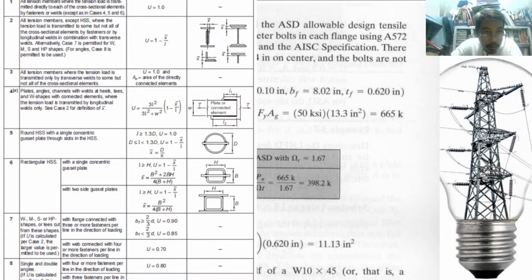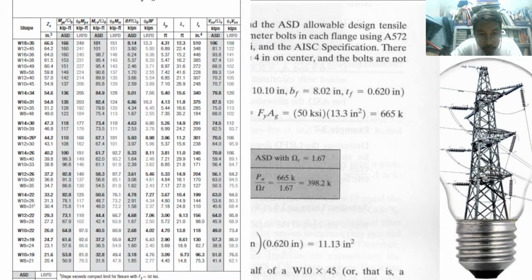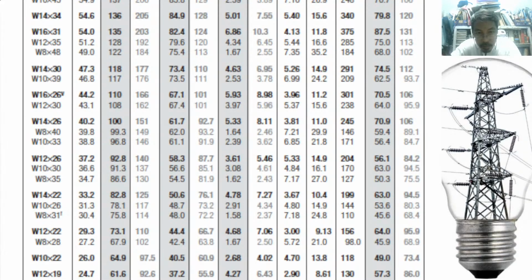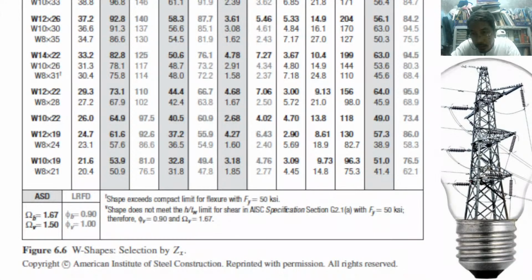So I think this is the one. See? Okay, can you see this? So this is Table 3.2. It's a very long table.